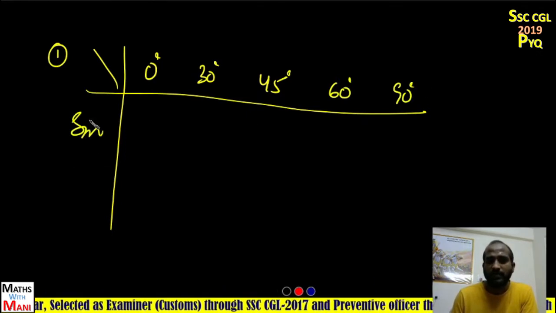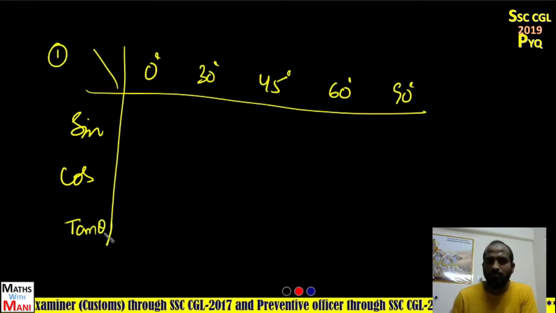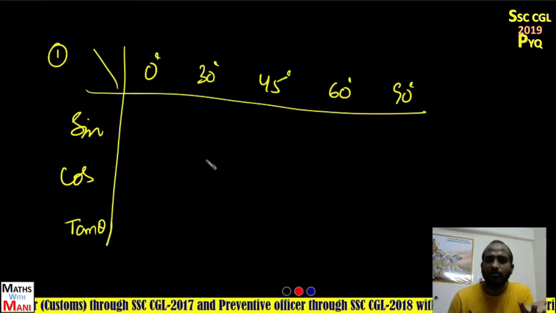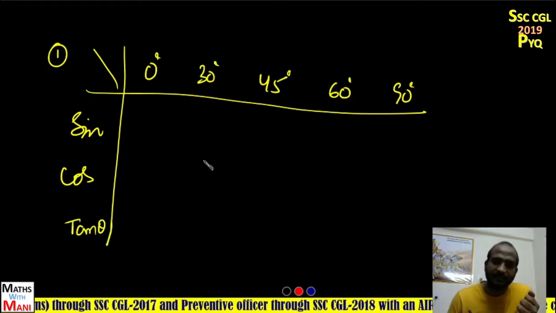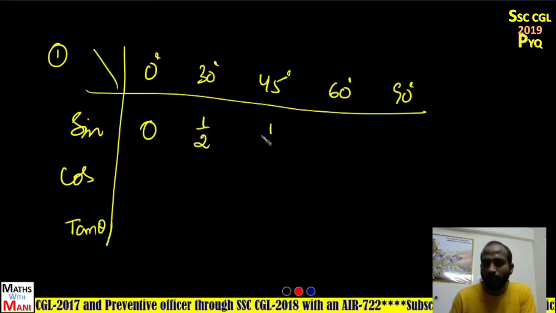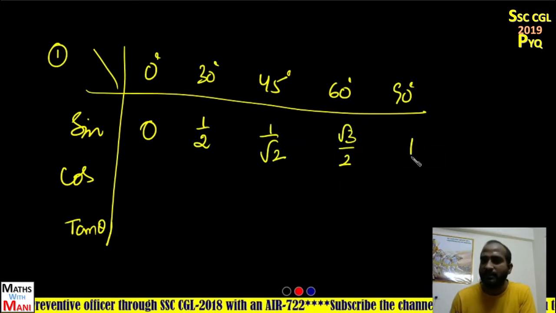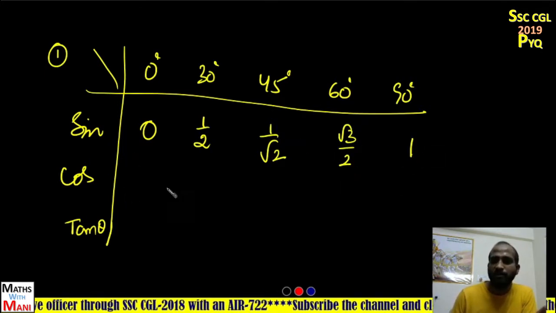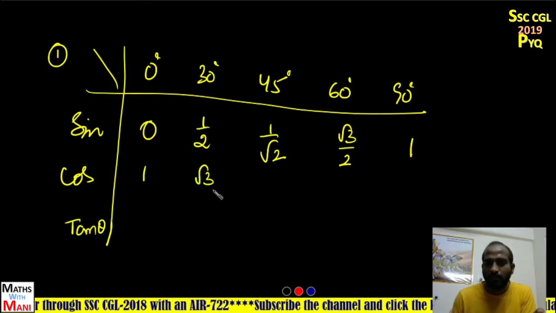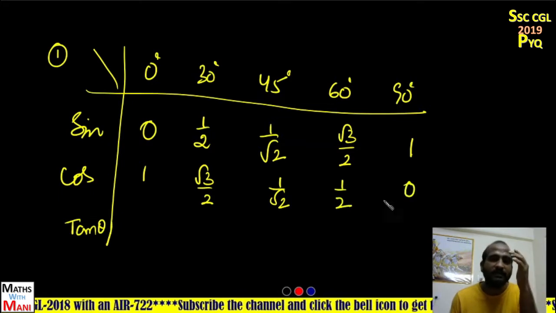Okay, so sine and cos and tan. If you know these values, the inverses of these values represent the cosecant and secant and cot. Okay, sine 0 is 0, sine 30 is 1 by 2, sine 45 is 1 by root 2, sine 60 is root 3 by 2 and sine 90 is 1. The reverse of these values are cos, so 1, root 3 by 2, 1 by root 2, 1 by 2 and 0.